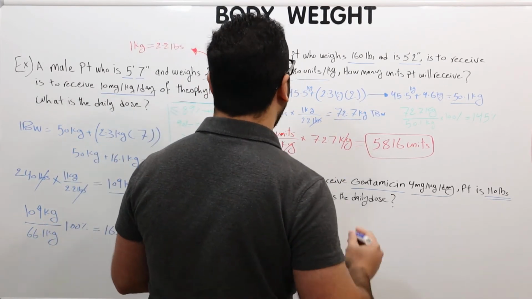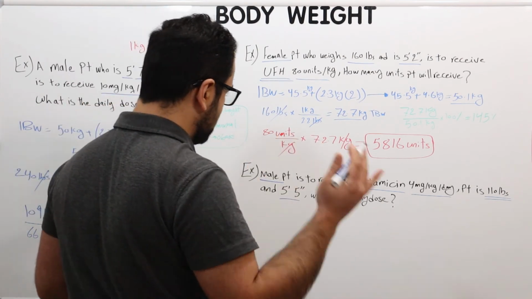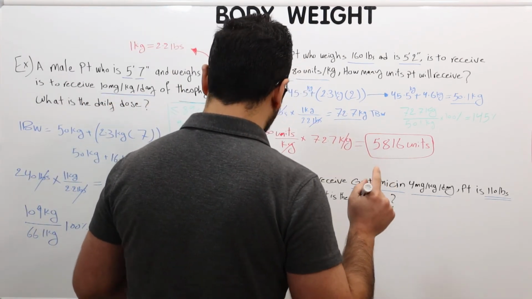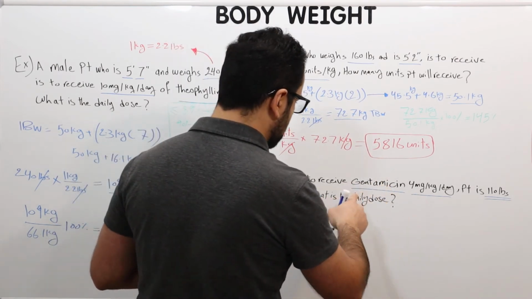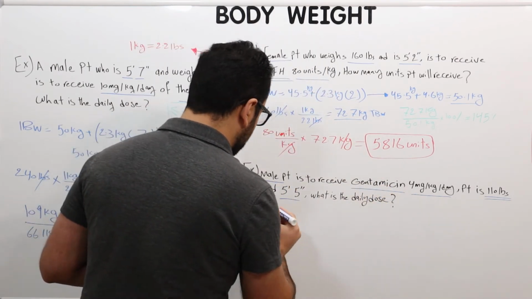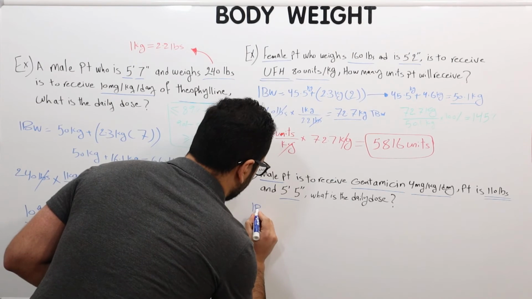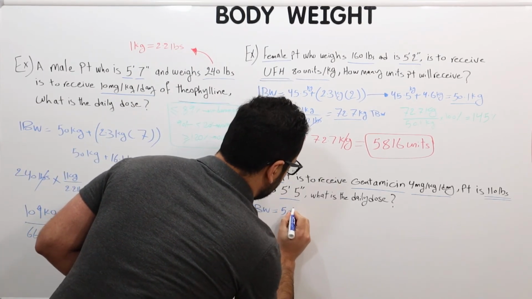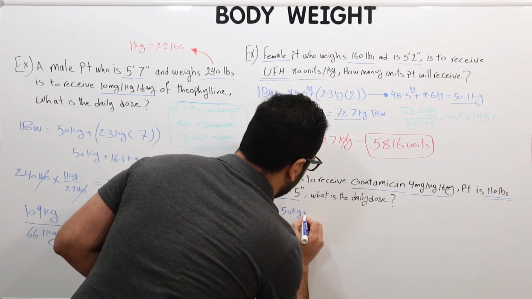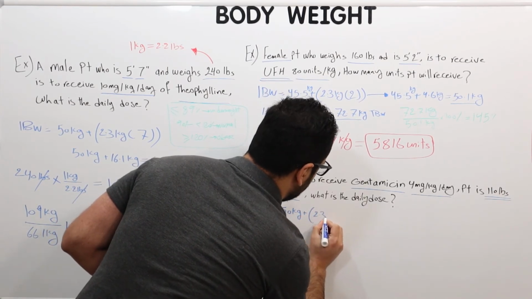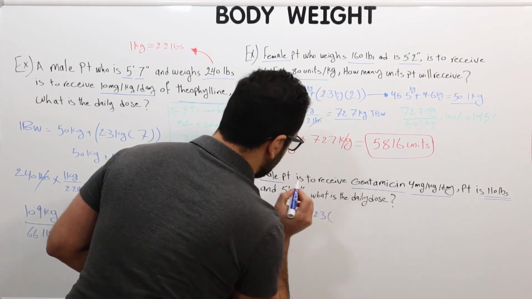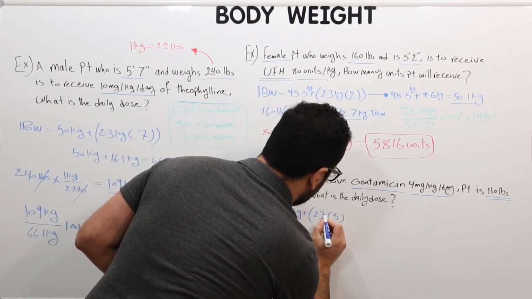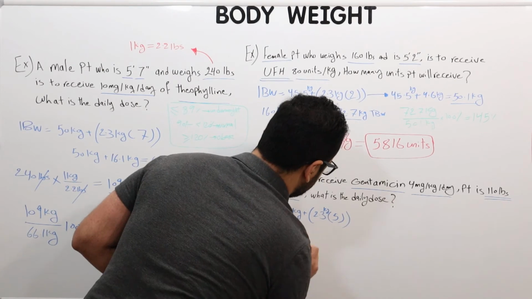So again, what are we going to do in this case? Step number 1, ideal body weight. So let's do that first. Where we have 5'5", so ideal body weight, just like previously, is 50 kilogram plus, in parentheses, 2.3 times the number of inches, which is 5, closing the parentheses.